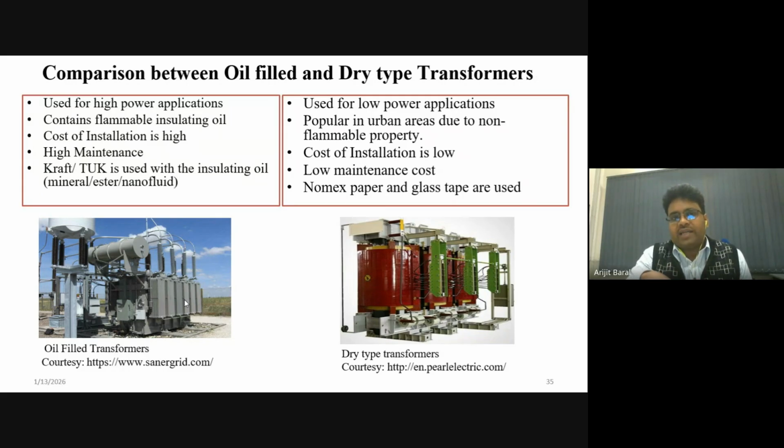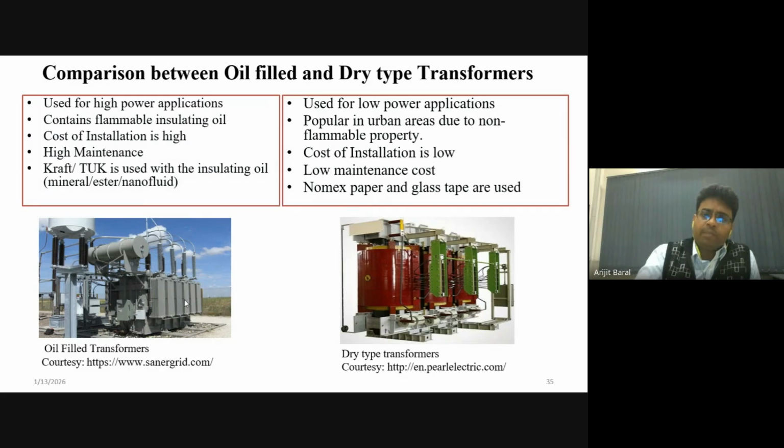Another problem is that there are two types of transformer that are generally used: either wet type, which are typically the power transformers that we use, or dry type, because these transformers are used very close to urban areas where populations are there. Because of the explosive or flammable nature of transformer oil, we cannot deploy oil type transformers everywhere, so dry type transformers are also present in some cases.